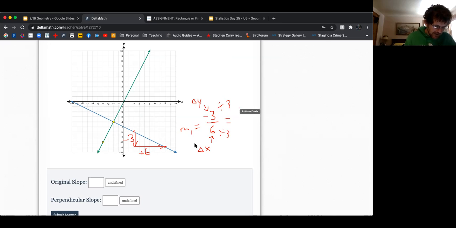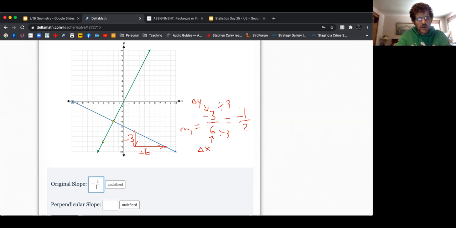So that gives me -1 over 2, -1/2. All right, let me put that in as my original slope. And the way that this works on Delta Math, whenever you type in -1, you have this slash where your question mark is, if you're looking at a regular keyboard. So whenever I hit slash, it's going to automatically turn that into a fraction for me. And there we go, -1/2.